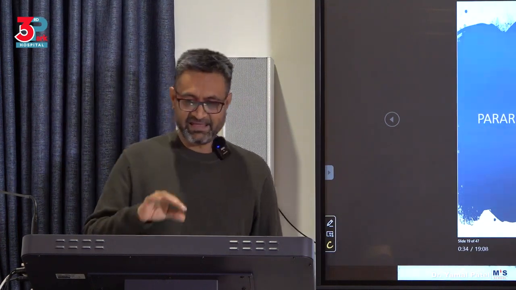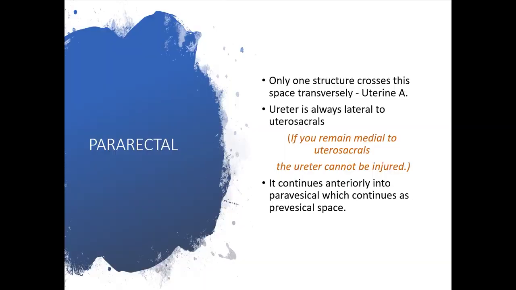But in this area, as we're moving, it's a space that has one structure that crosses across that area. And that structure that crosses, when you're dissecting the ureter away, that crosses transversely, is the uterine artery. You've understood? So that is important. Secondly, the ureter is always lateral to the uterosacrals.